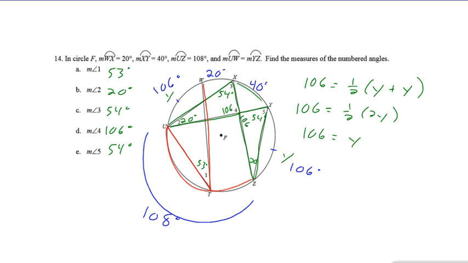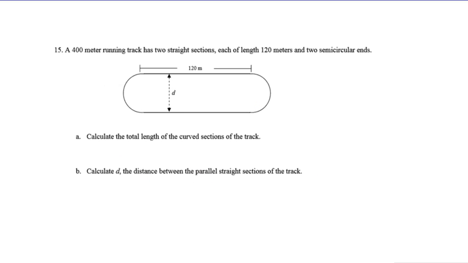I'm going to break this shape up into what it is made up of, and that is a rectangle with a semicircle on both ends. We know that the perimeter of the whole shape is 400 meters.